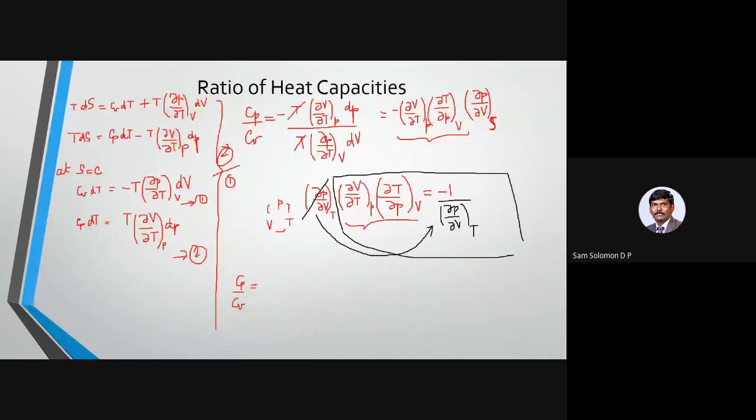So now what we'll have here is partial P by partial V at constant S whole divided by partial P by partial V at constant T. We have a minus sign, and that has been taken care of by another minus sign here in the replacement. Okay, and we know that this is gamma.